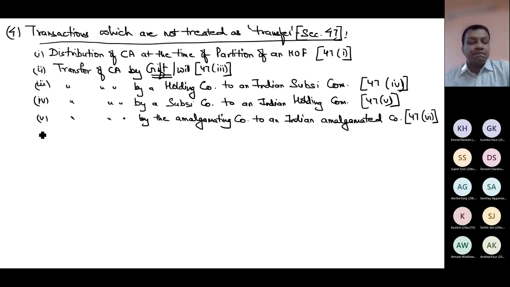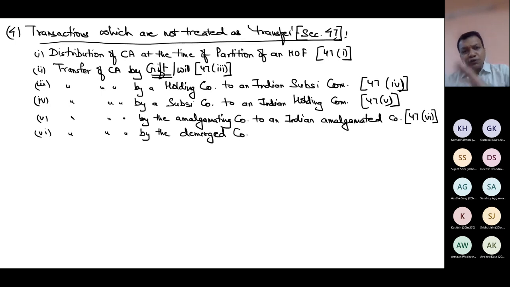Then you do transfer of capital assets by the demerged company. I don't know whether you know demerger or not. If not, do something on Google. Demerged company: when only a portion of the company will be removed from the existing company and this separate portion will be given a new entity, a new company.